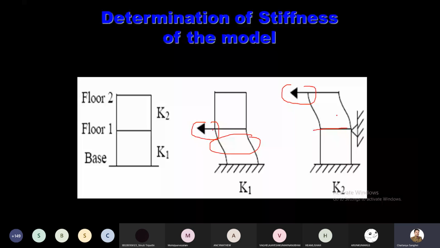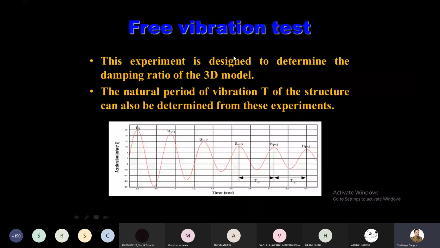Now we start the test. So we go for the free vibration test. I told you it is of two types. One is the initial displacement. You disturb the system by a displacement, and then you release it. Now your system is elastic, so your system is going to vibrate.